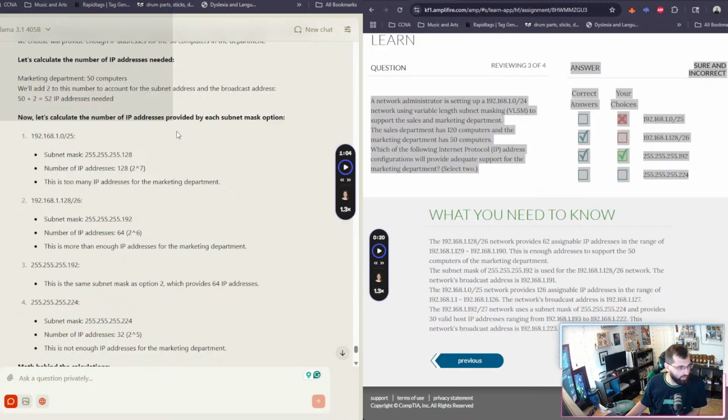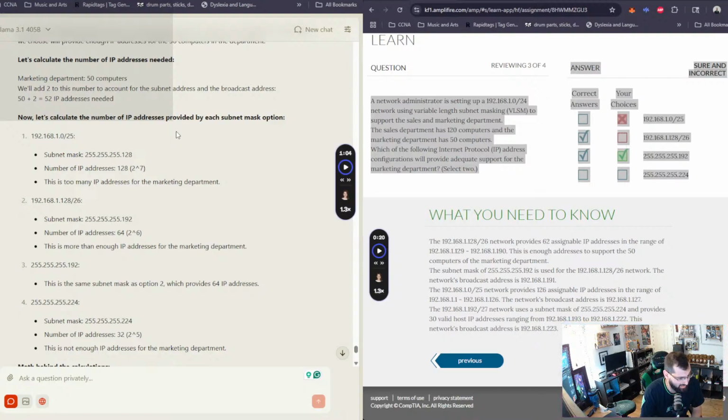Now let's calculate the IP addresses provided by each subnet mask option. So 192.168.1.0/25. Subnet mask for that is going to be 255.255.255.128. The number of IP addresses is 128, 2 to the 7th power.